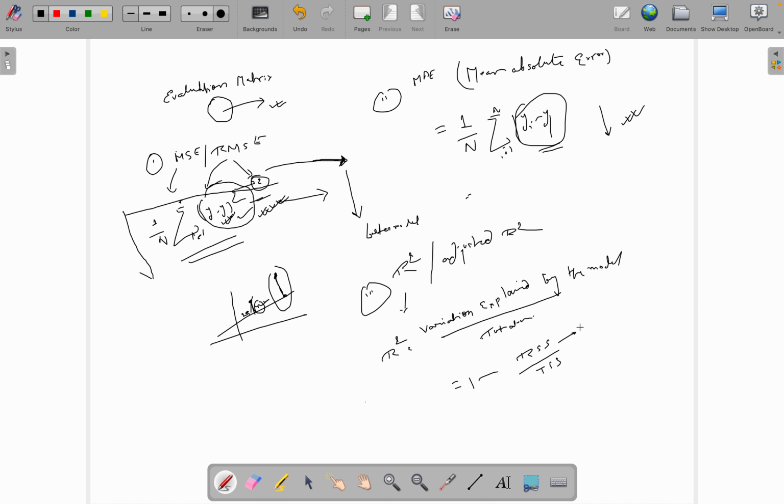RSS is the sum of square of residuals, and TSS is the total sum of squares. So it will give you the R square.